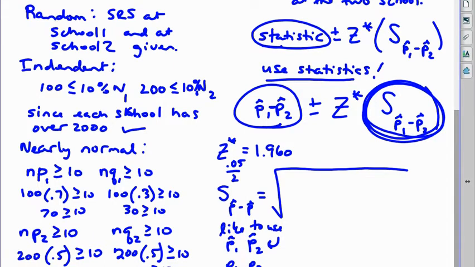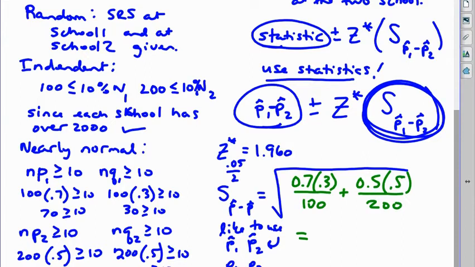Those counselors, they didn't tell me the numbers, for goodness sakes. Just can't get good help nowadays. And so I've got to use my other values, and I'm going to put those in there, and I get 0.057879, just keeping it long. That's what I think this is.